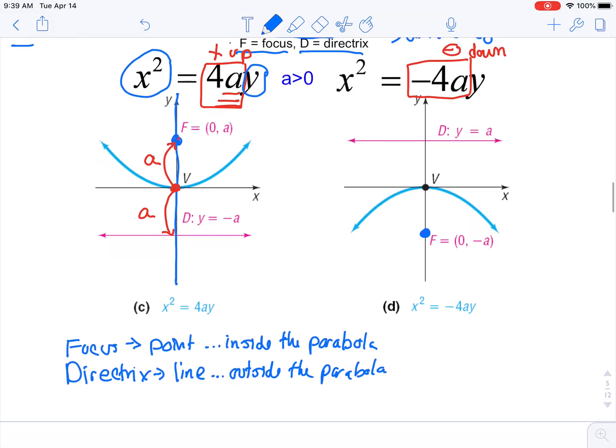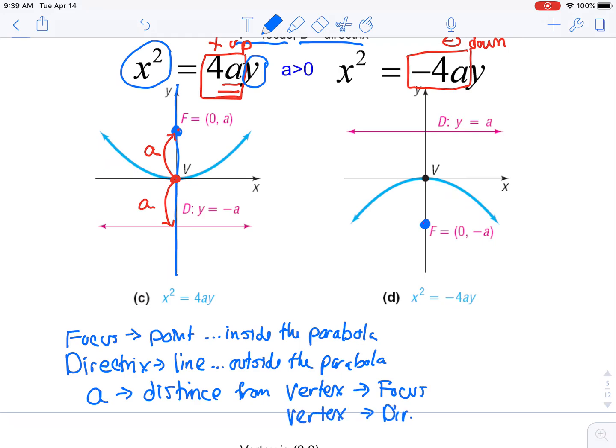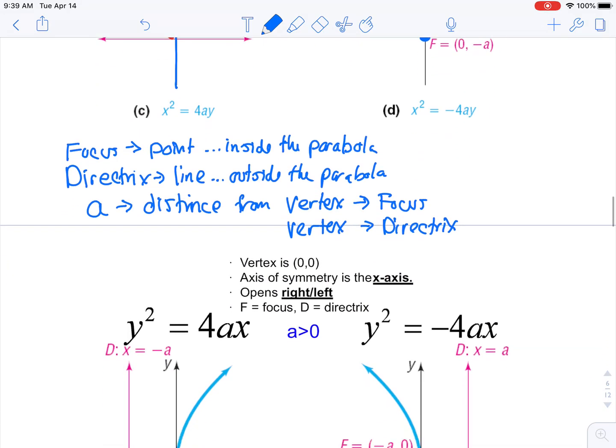I also wanted to emphasize again, adding on to some of our little notes down here at the bottom, let's talk for one more second about that a value in the equation. As we see in the diagram above, the a value is actually the distance from the vertex to the focus, and it's also the distance from the vertex to the directrix. So it's giving us that common distance.